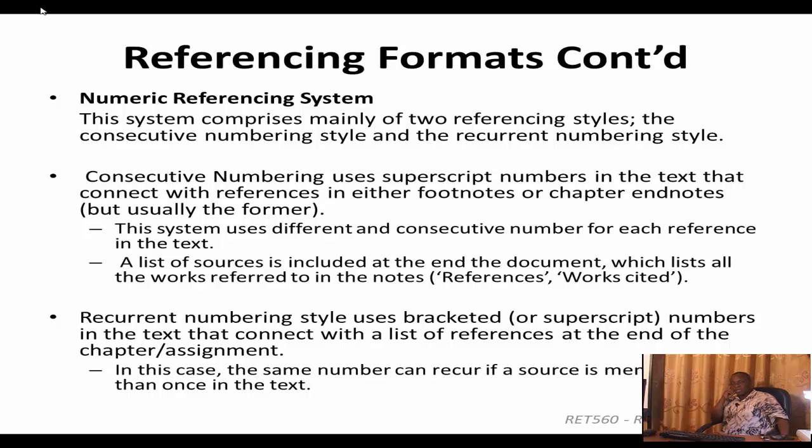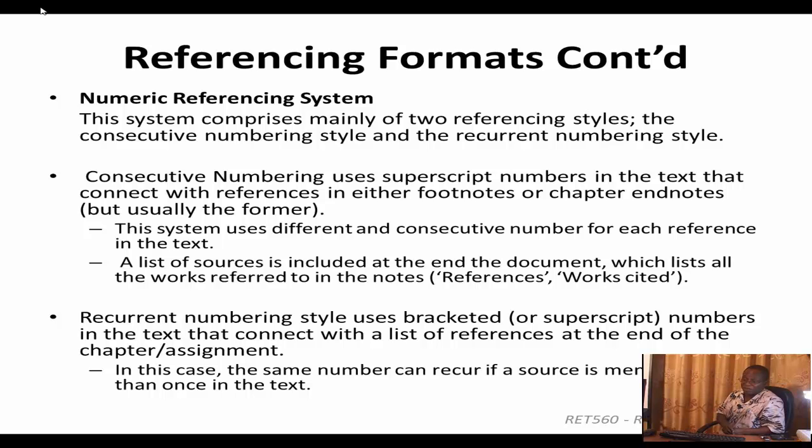Recurrent numbering style uses bracketed or superscript numbers in the text that connect with a list of references at the end of the chapter or the assignment. In this case, the same number can recur if a source is mentioned more than once. So you would say maybe 1, and you would use it in chapter 1, but also in chapter 2, when you refer to the same reference, you would repeat the number 1 because the number is linked to the reference.